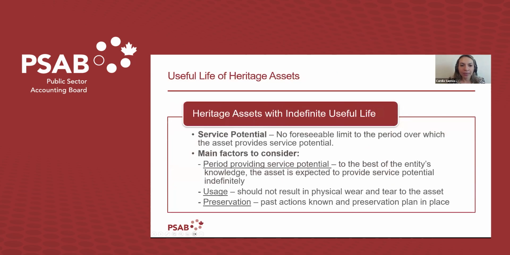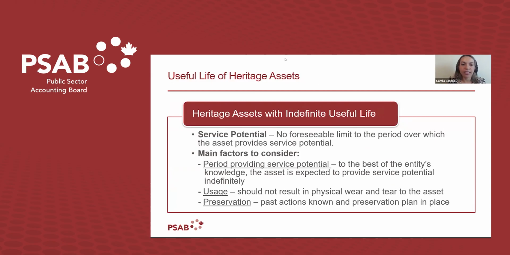When an entity has recognized the heritage assets, it will need to determine whether that asset should be depreciated. This will depend on whether the asset has a finite or indefinite life. As we mentioned earlier, under IPSAS 45, there is a rebuttable presumption that most non-land PP&E have finite lives.